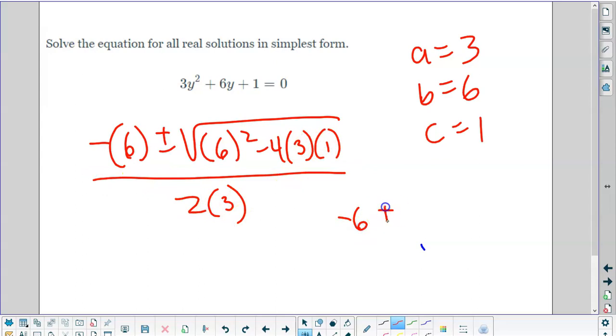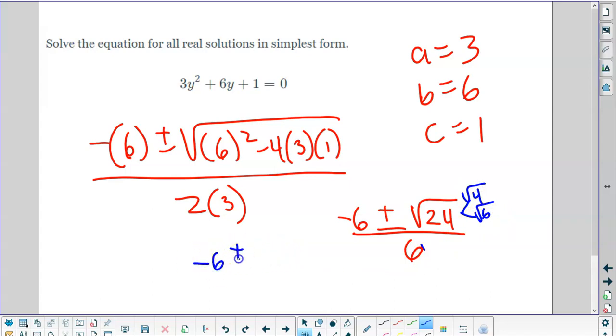So negative 6 plus or minus 36 minus 12 is 24 all over 6. And then this is 4 times 6. That's the perfect square. That's not. So I've got negative 6 plus or minus 2 square roots of 6 all over 6.